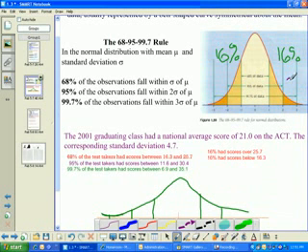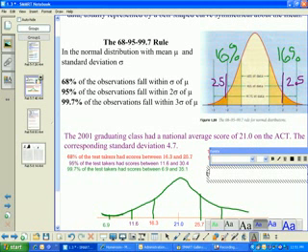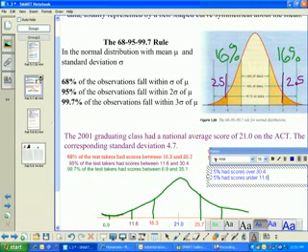So that means there are 2.5% on either side. I'm gonna kind of draw here. So 2.5 plus 95 plus 2.5 is 100. So then we could also say 2.5% had scores over 30.4 and 2.5% had scores under the 11.6.